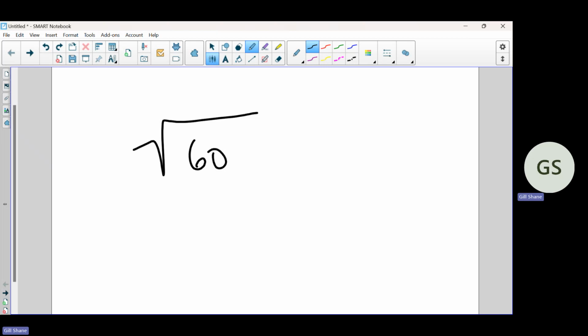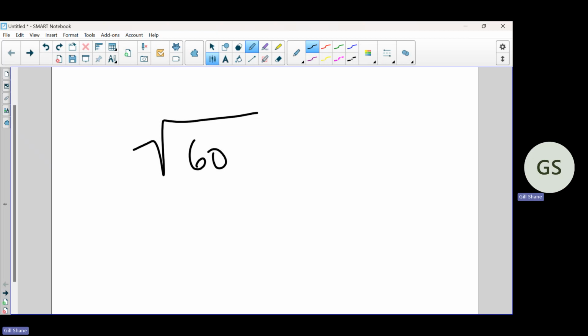Preferably, we'd like to pull a number out from underneath the radical, because we don't like to have numbers under radicals if we can help it. So if there's a perfect square we can think of that is a factor of 60, then we want to break that out into a perfect square times a number that's not a perfect square. The perfect square will be able to pull that square root out, and then the other number will have to stay under the radical.